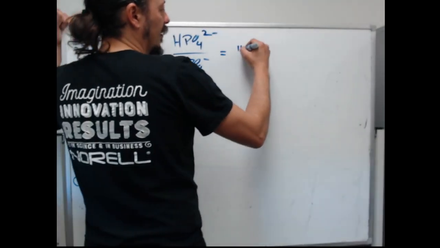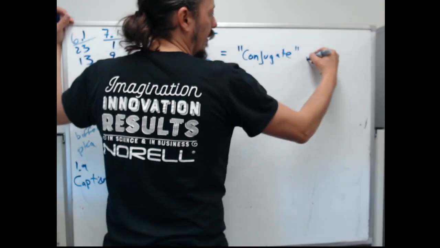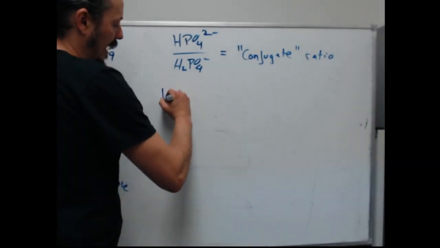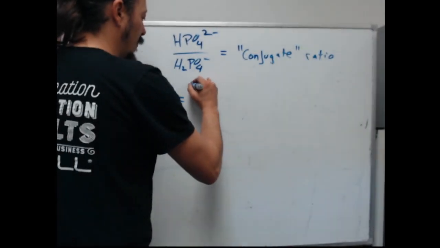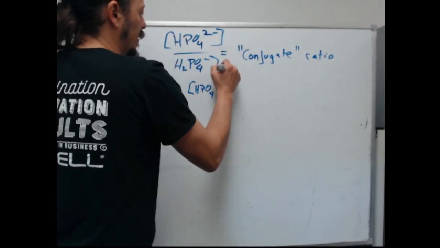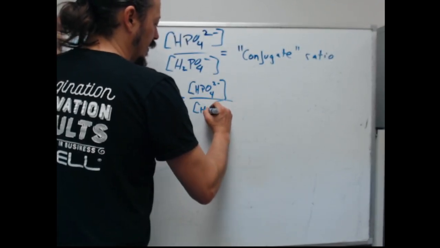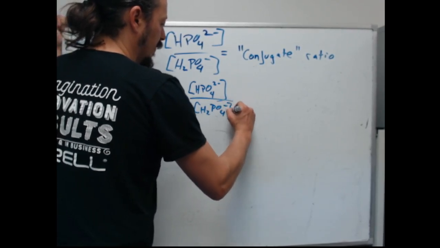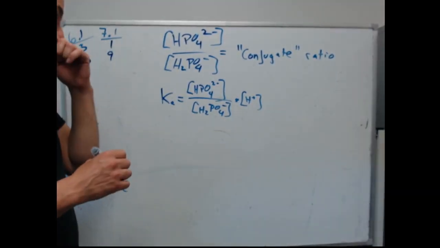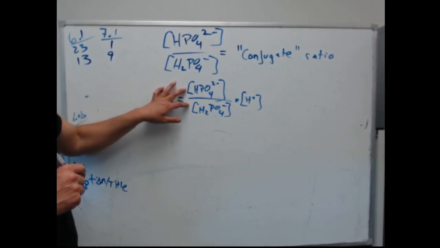This ratio is called our conjugate ratio, and then we can have Ka is equal to that ratio, HPO4, sorry, this should be concentrations as well, 2 minus over H2PO4 minus times H plus. Right, and so whenever it's talking about a buffer, it's really talking about the ratio that we're controlling here.